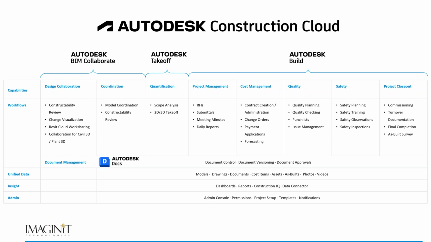Maybe you have integrated some Revit workflows, BIM workflows internally because you're going to pursue that digital twin discussion, that whole ecosystem. Well, BIM Collaborate is what facilitates that process and those workflows.